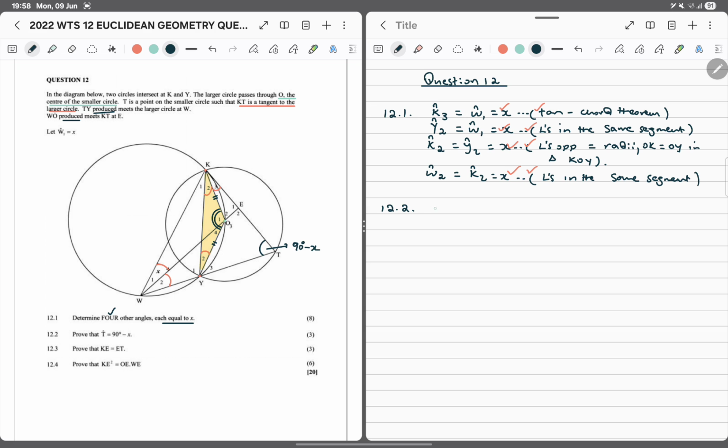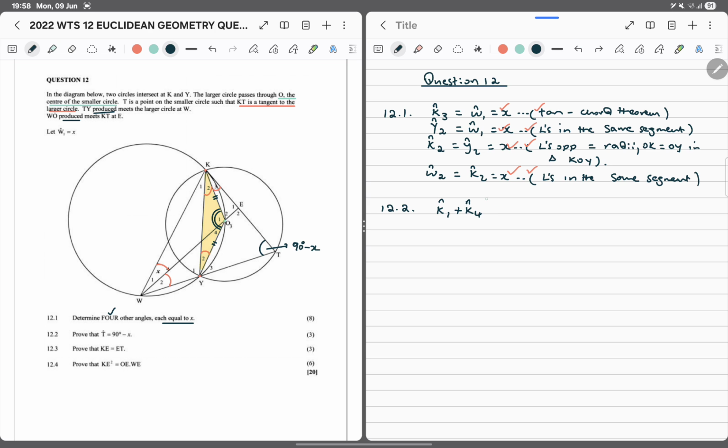So we will say, well, angle KOY, perhaps it's not fair to write it like that. We can just write K1 plus K4 should be equal to, okay, sometimes I like to rush, sometimes I don't want to. It doesn't matter.